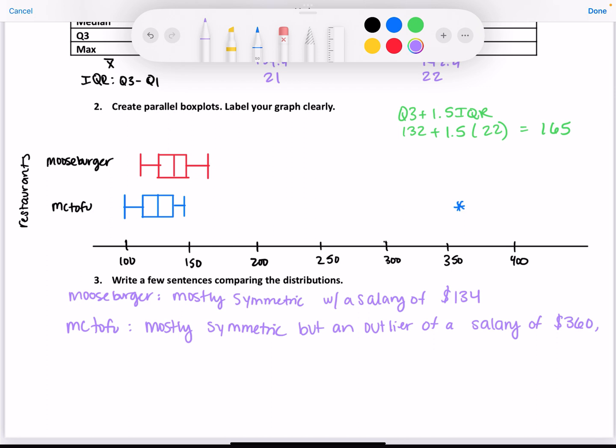And then I would say something about on average, looking at the median. Okay, because it has that outlier in there, that's why I'm going to look at the median. The salary was about $120. So you could have rerun the numbers, removing that 360, and then use mean, or you could just use median since we know there's an outlier.